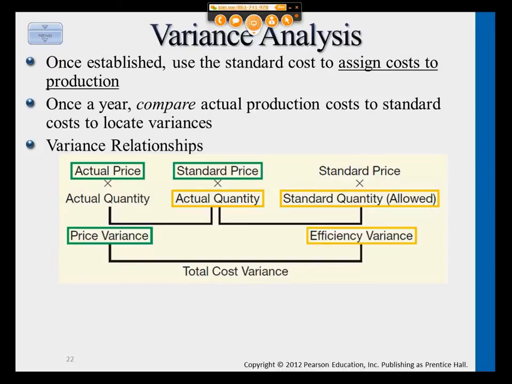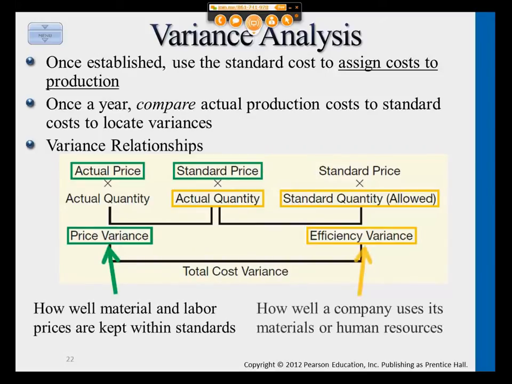So how do we separate total variances for materials and labor into price and efficiency or quantity variances? From this relationship, we can derive how well material and labor prices are kept within standards and how well a company uses its materials or human resources.